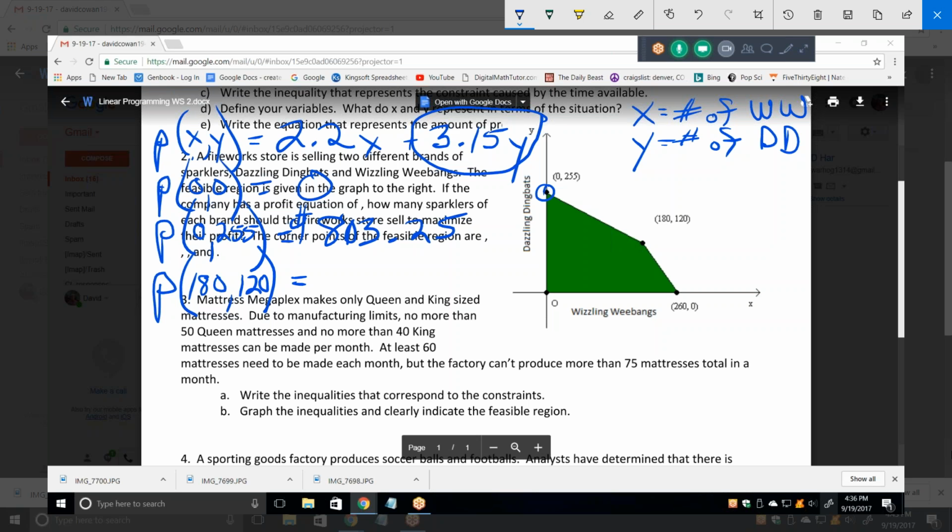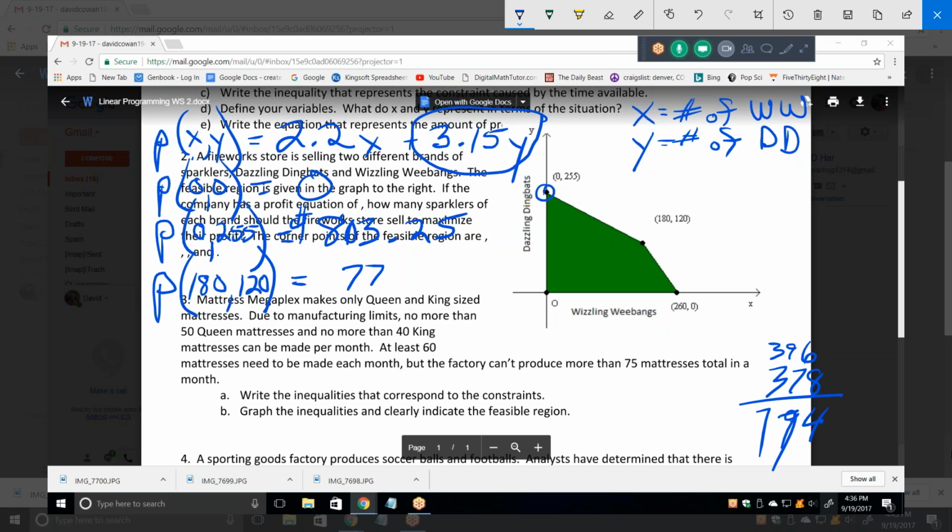So 180 times 2.2. So 396 plus 120 times 3.15. 378. So that's 774.